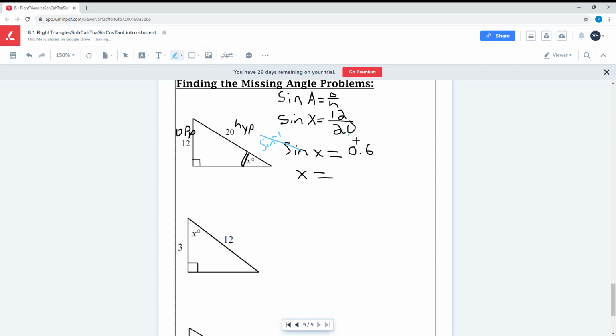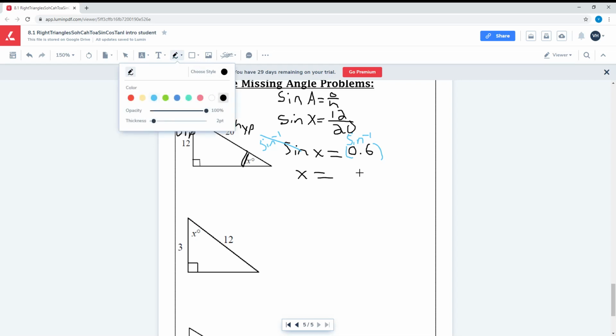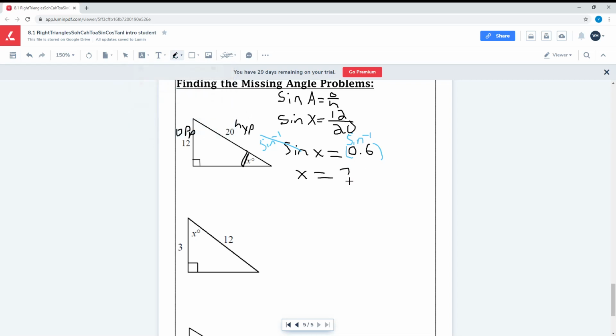So you got to take the sine inverse of 0.6. So again, on your calculator, I hope you're pressing 0.6, second function sine, and you should get this number. If you don't, please play around with it, but you should get 37, and that's in degrees because we're looking for the degrees. So this is 37 degrees right there.